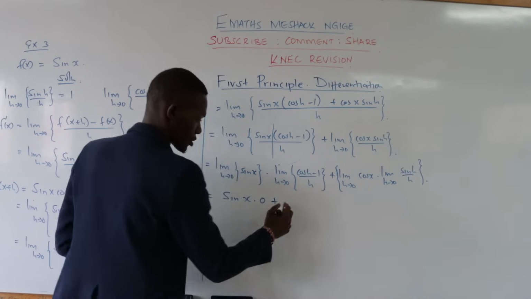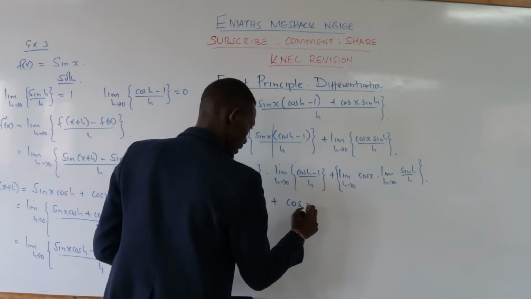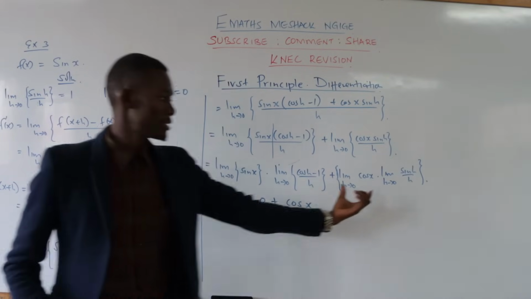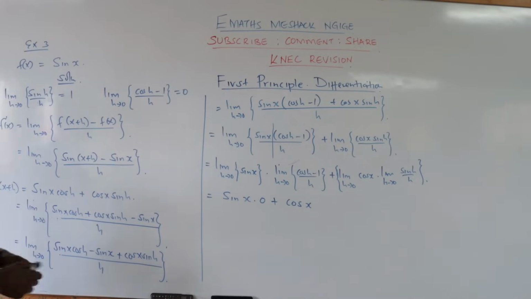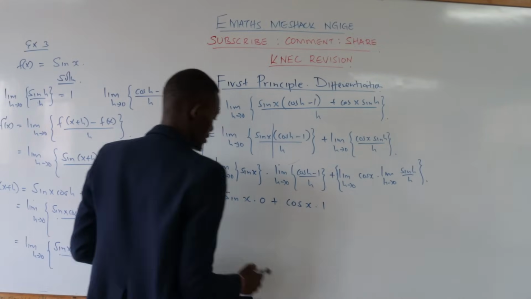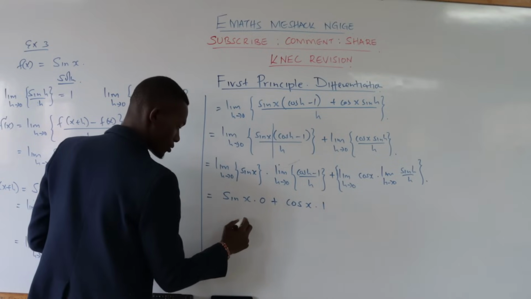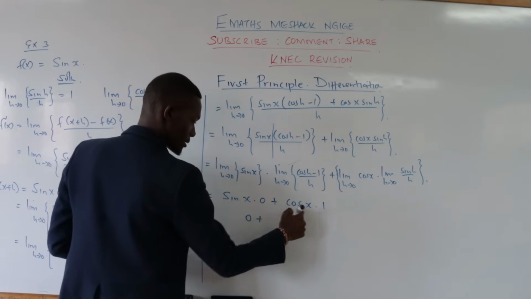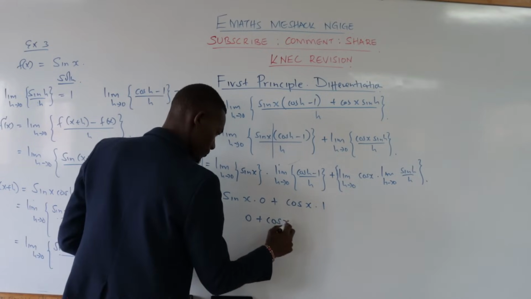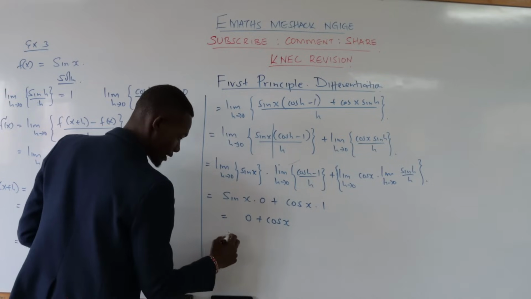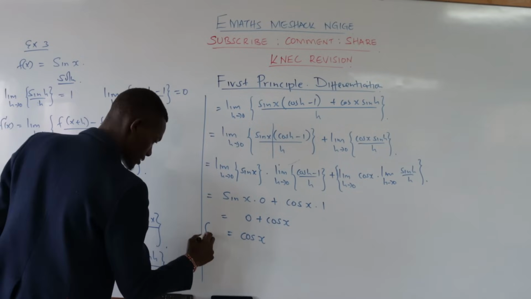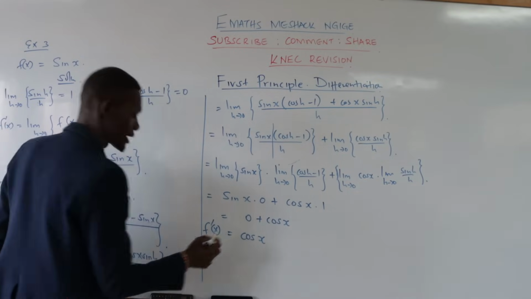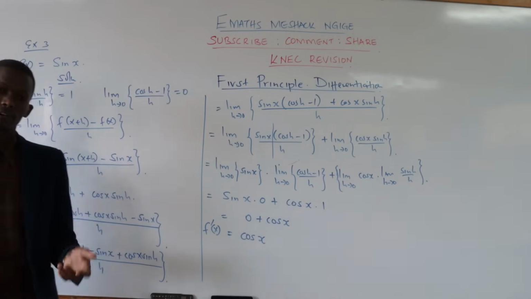No. So we'll have what? Cos of x. Then this term here will give you what? This one will give you 1. So you multiply by 1. So anything multiplied by 0 is what? 0. Then 1 times the cosine of x is just the cosine of x. So 0 plus the cosine of x just gives you what? The cosine of x. And that is the derivative of the sine of x using the first principle.